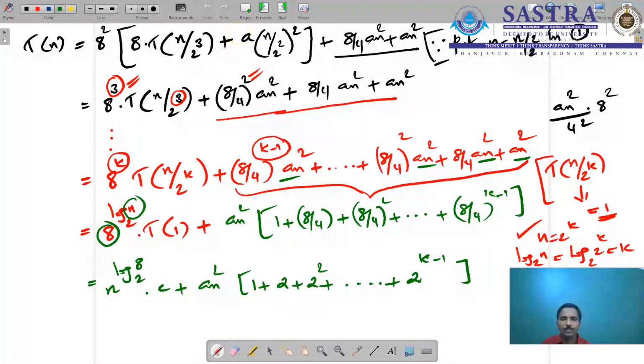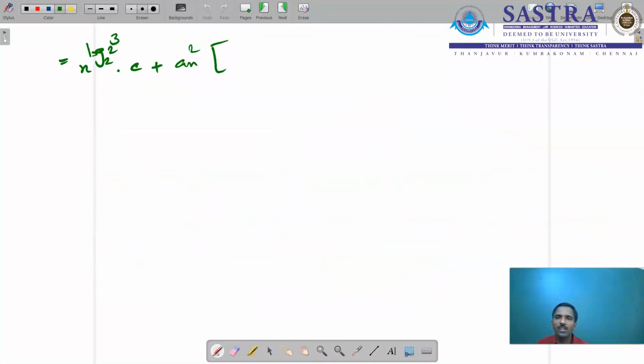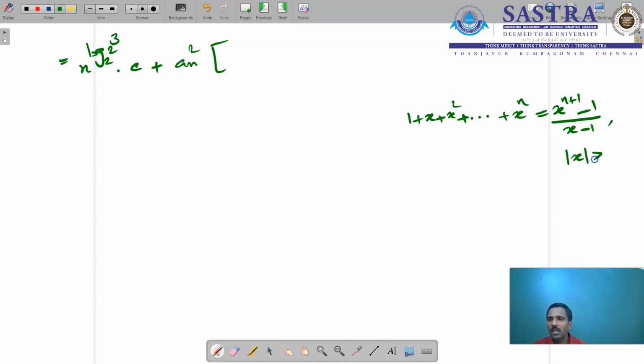Remaining terms 1 plus x plus x square plus etc. plus x power n, that is a geometric series, is equal to x power n plus 1 minus 1 divided by x minus 1, when the absolute value of the common ratio is greater than 1.